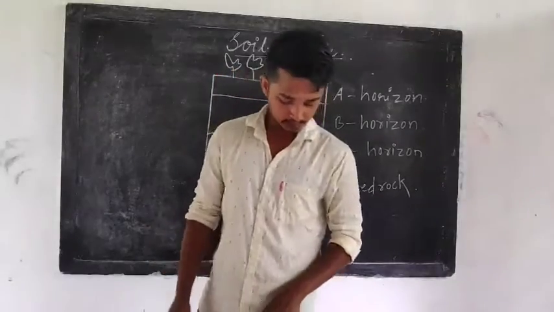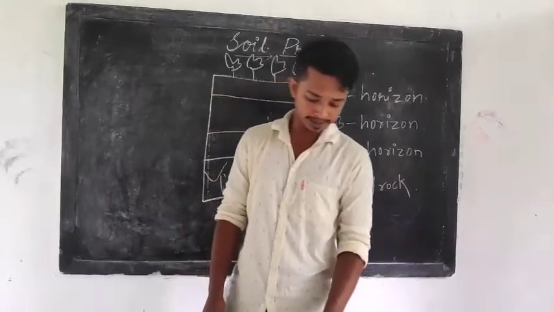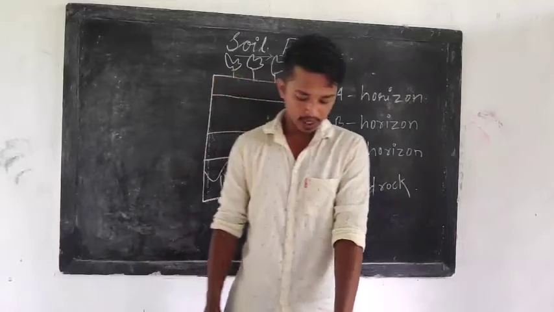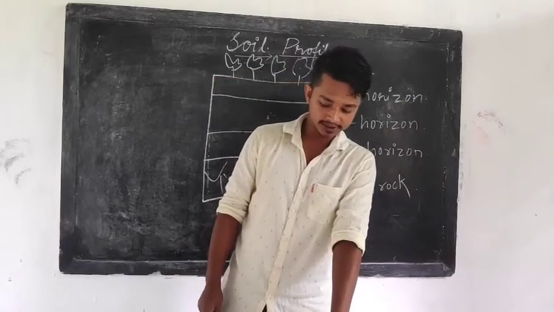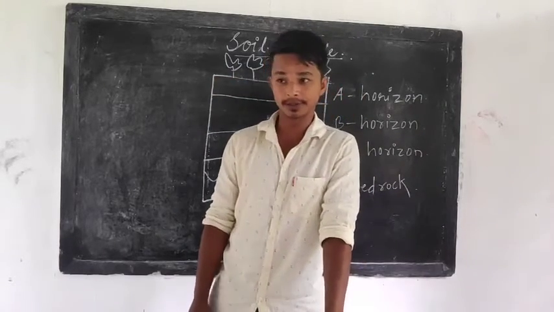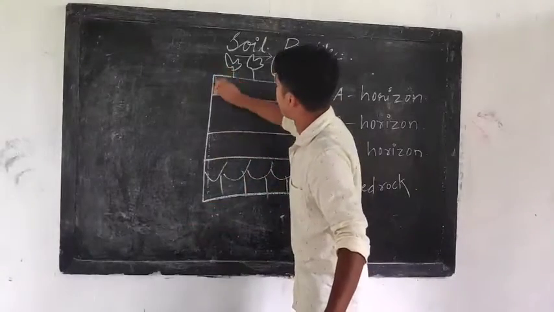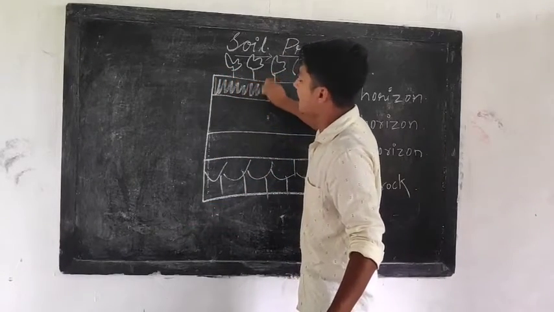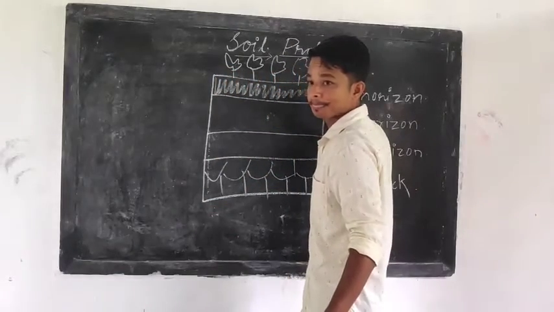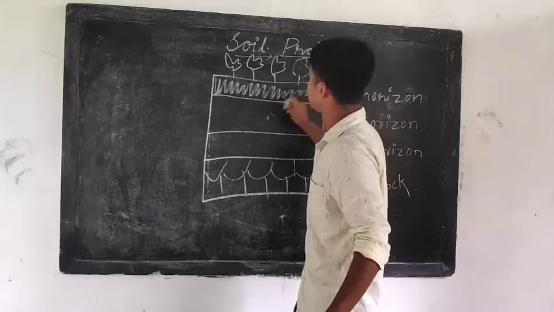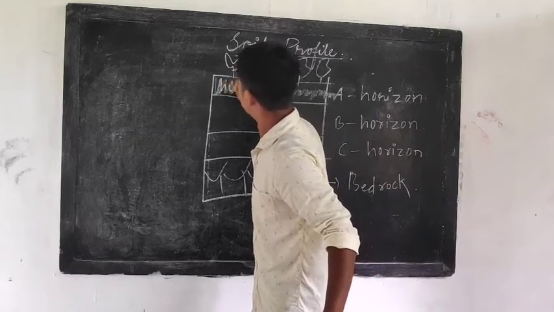So the uppermost horizon is generally dark in color, and it is rich in humus and minerals.